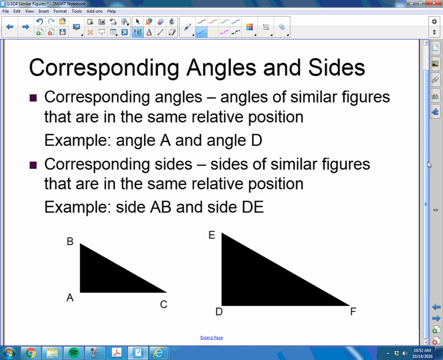So for example, the angle that corresponds to angle C is angle F. Those are corresponding angles. And in similar figures, corresponding angles, like Jackson said, are congruent or equal.